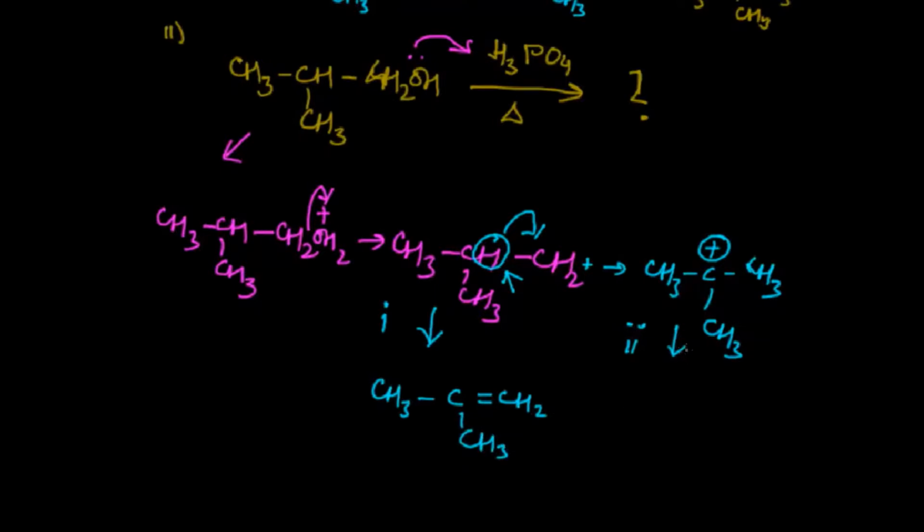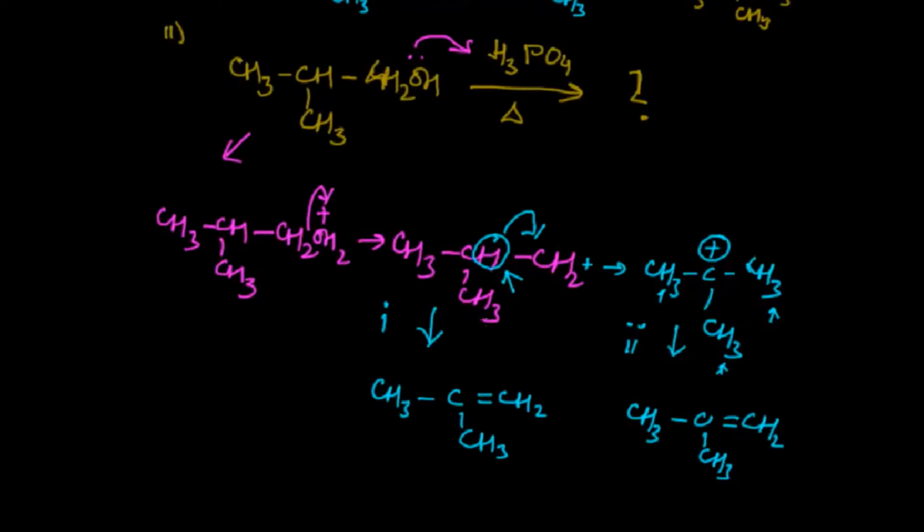And in this case again it could be either this or this or this, but all of these will result in the same kind of alkene. So CH3, double bond CH2.